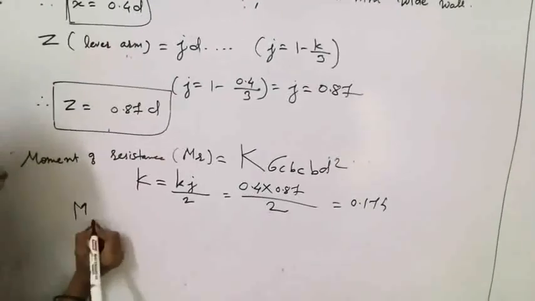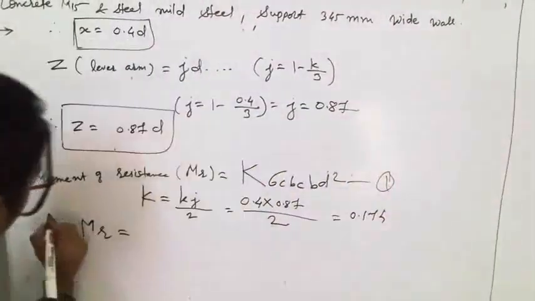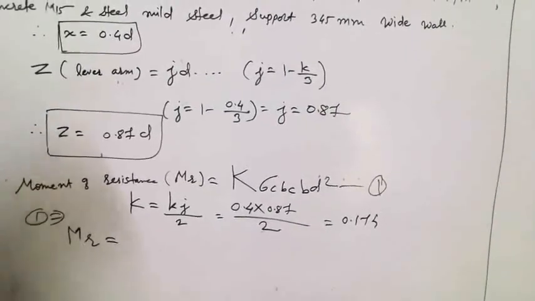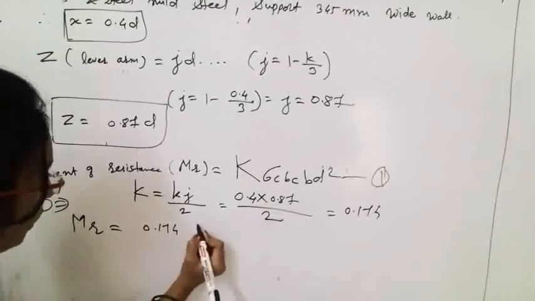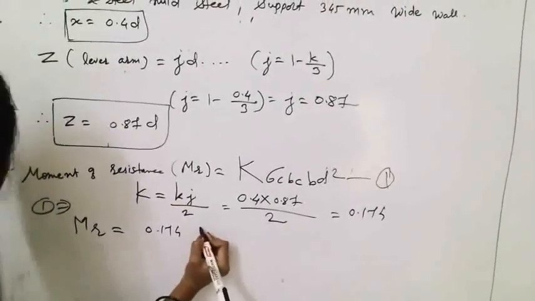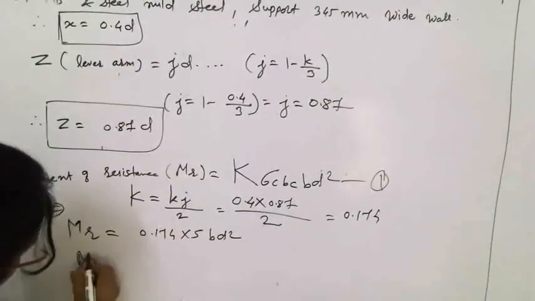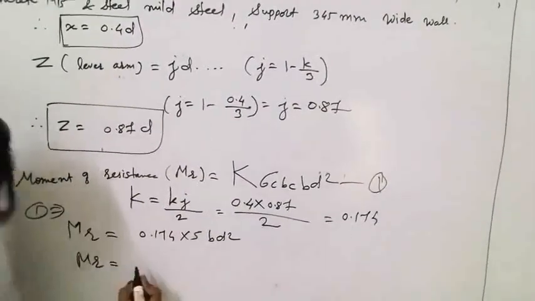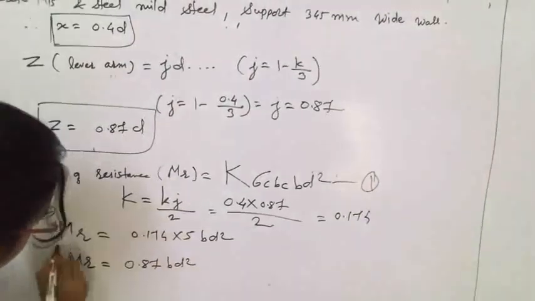Therefore, MR is equal to, equation number 1, 0.174 into the value of sigma cbc 5 b d square, and the moment of resistance we get is 0.87 b d square.